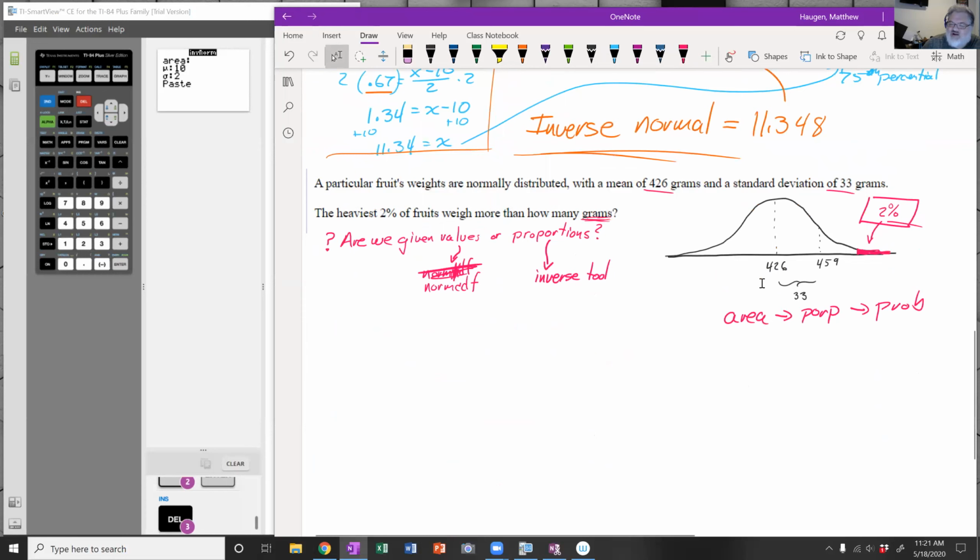So if we want the heaviest 2%, that's some value and upward. Our tool doesn't want to do that. So if we want this value, we've got to ask it for the 98%. Fair?